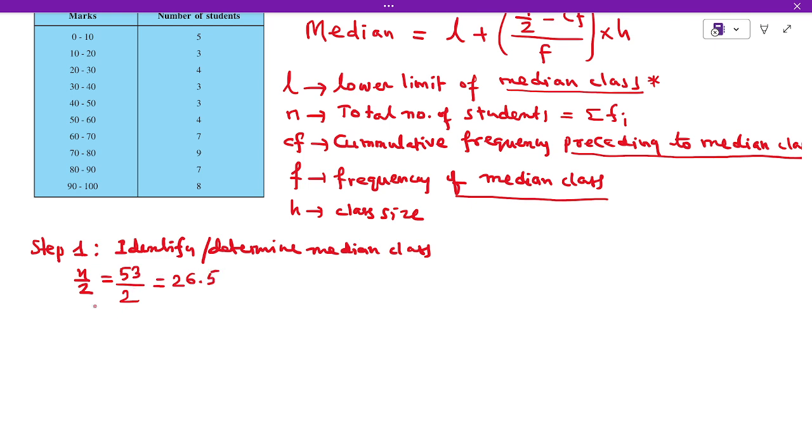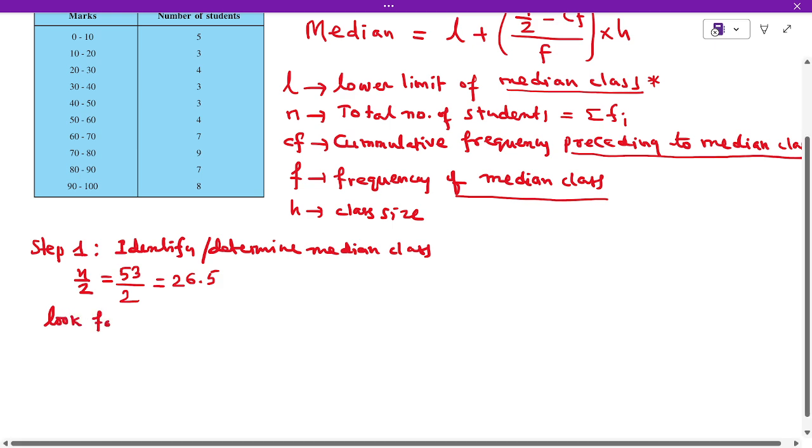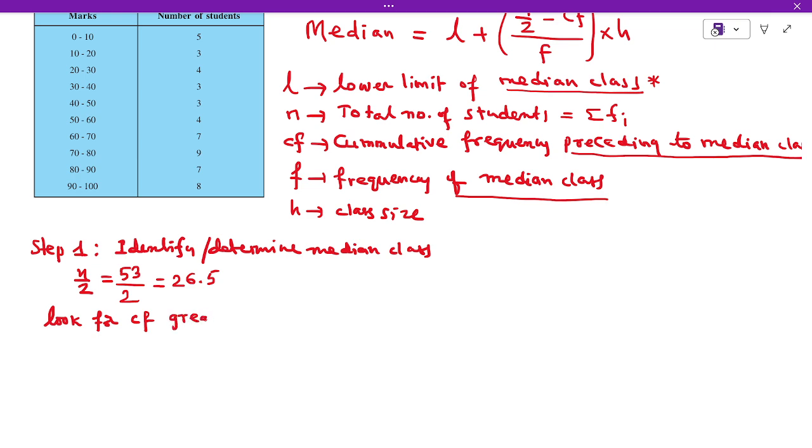After finding n by 2, what we need to do is look for the cumulative frequency which is greater than or equal to this value n by 2.